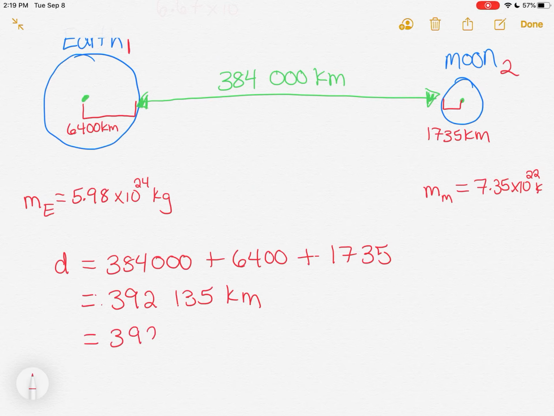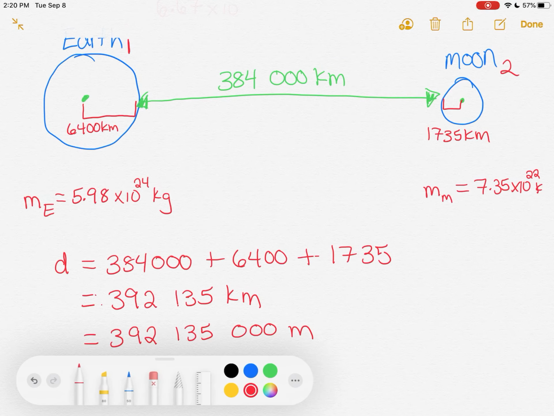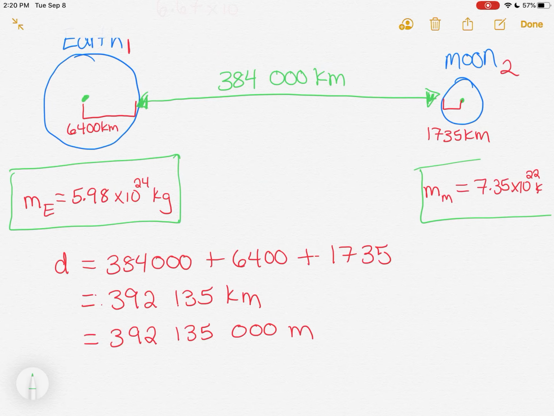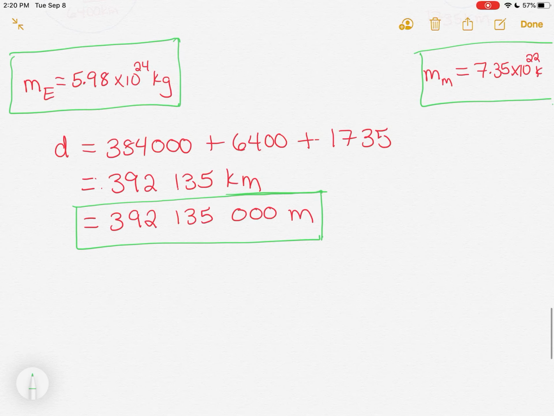So we're going to get 392,135,000 meters, because we want to have our distance in meters. Now we have everything that we need to plug into our formula: mass number 1, mass number 2, our distance, and we already know our gravitational constant.